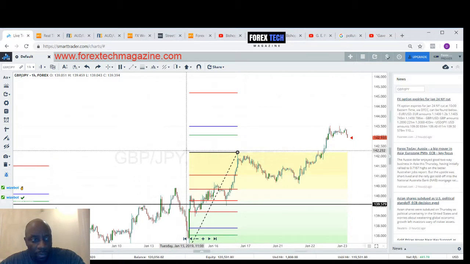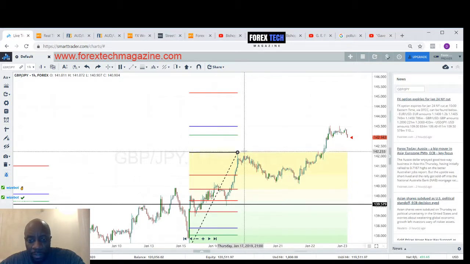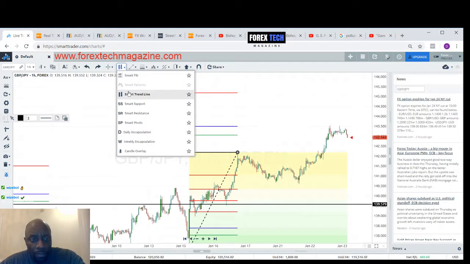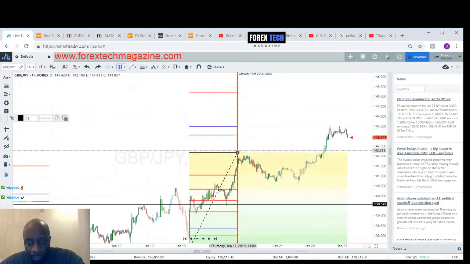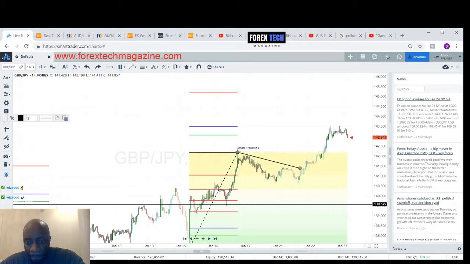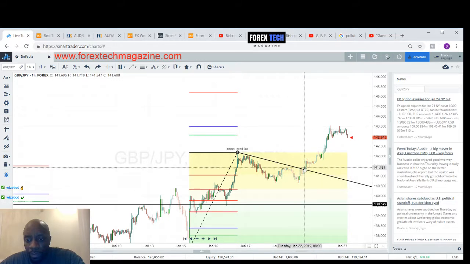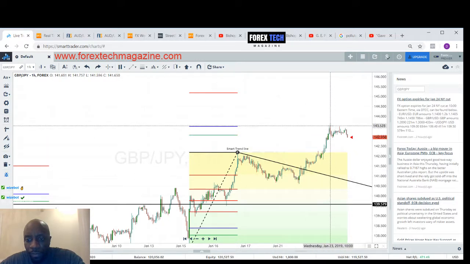Once again, this is the Great Britain Pound, Japanese yen. Same thing here. What you're seeing is price slowly moving up. If you look over here, price got into the buy zone. Boom. Price moving up.